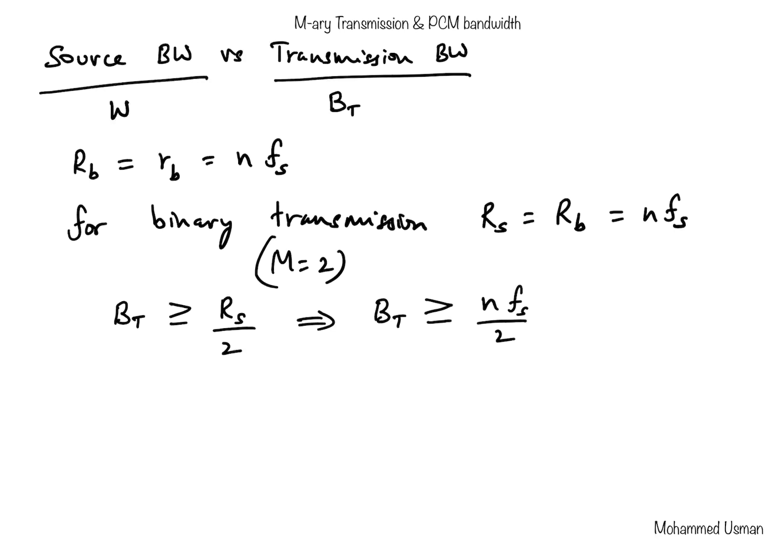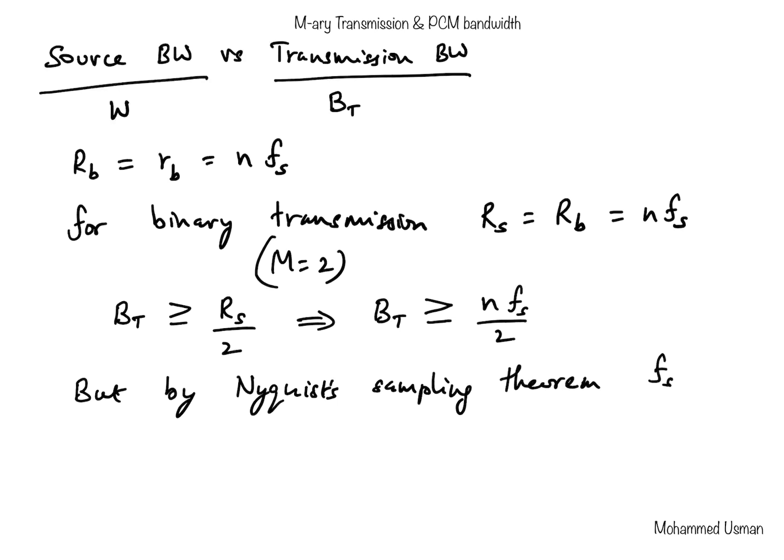But according to the Nyquist sampling theorem, the value of the sampling frequency Fs should be at least 2 times the bandwidth of the signal. So therefore, we can write the transmission bandwidth to be at least N times Fs by 2.